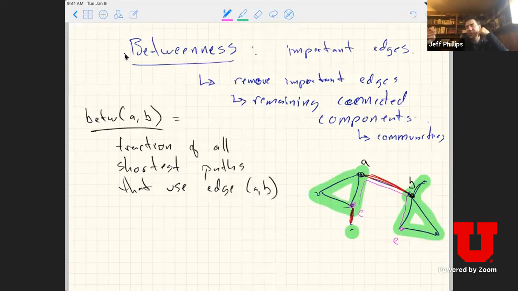So the computation of this is a bit painful. I basically have to do something like computing all pairs shortest paths. And then there are some issues when there are multiple shortest paths. I need to distribute the weight I get for each shortest path onto the edges.